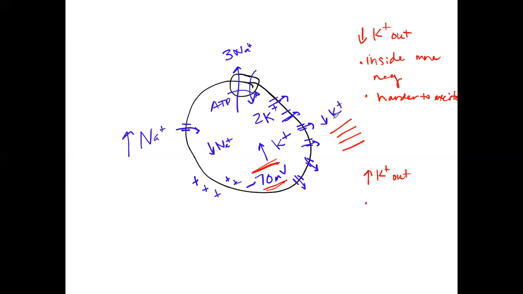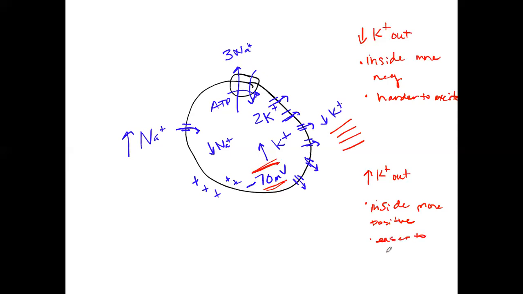So more potassium here, this potassium isn't going to want to leave. And so the inside is more positive, right? And so the closer you get to -55, the easier it is to excite.